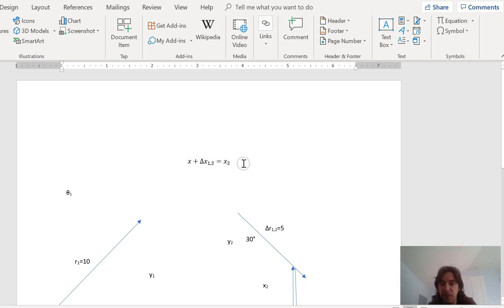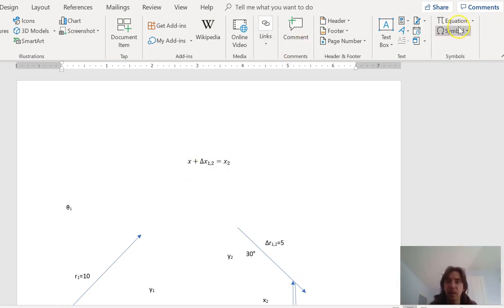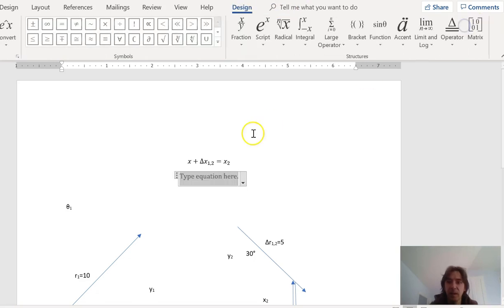So here's our first equation, and then we add another one. y sub 1 plus delta y 1, 2 will equal y 2. And this should have a 1 as well.